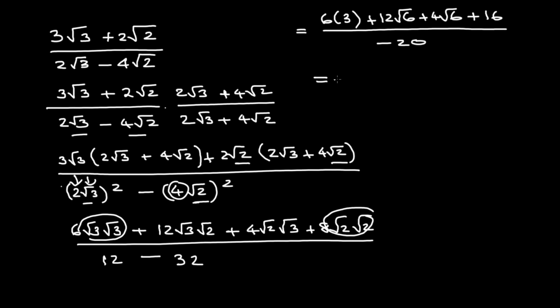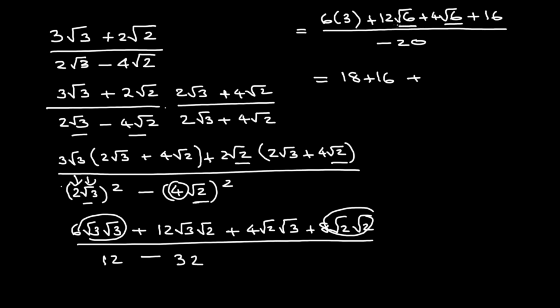So I continue on from there. Here I'll get 18 plus 16. And then these also have got the same radical, or you remember before we had a variable, but now it's the same radical there.